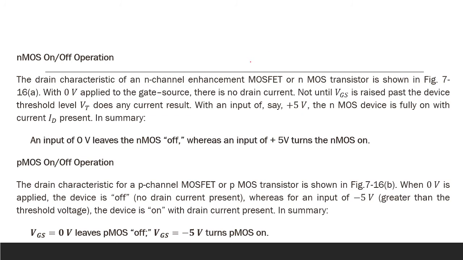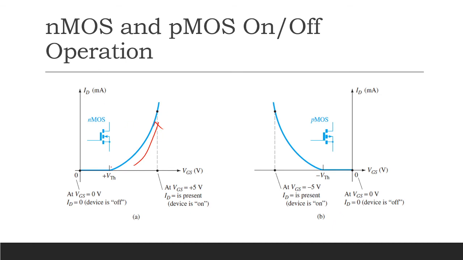So, ibig sabihin, si N-channel enhancement type, this is normally open. Meaning, at the start of the circuit, hanggat wala kang nilalagay na input voltage sa VGS mo, hindi mag-work yung circuit mo or walang magpo-flow na kuryente. So that is shown in this figure. Nakita naman dito, di ba?